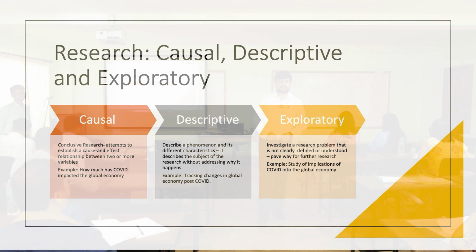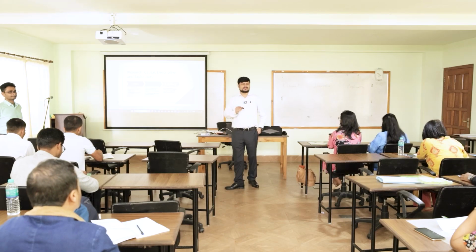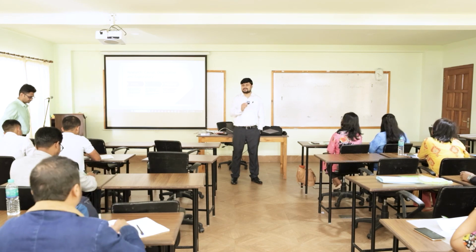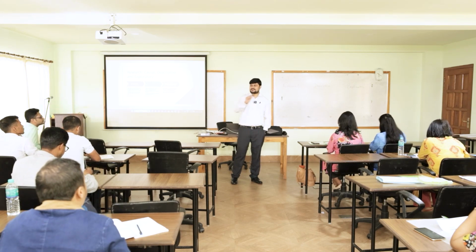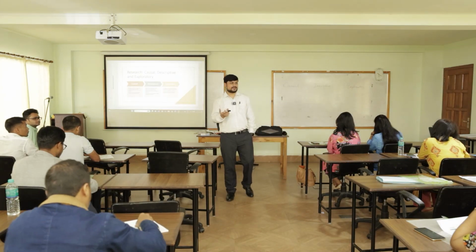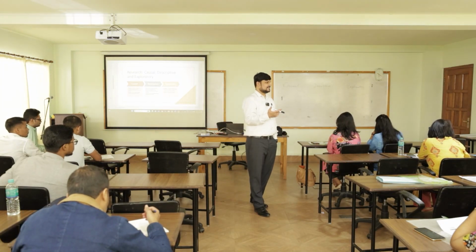So first one is causal. We talked about a lot of arrows yesterday when we were drawing the theory of change, right? And we called them causal pathways. So by causal I mean if-then. So if this happens, then this would happen, right? And this is exactly what we are trying to do in evaluations, right?